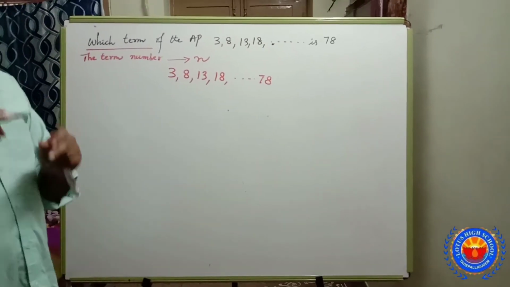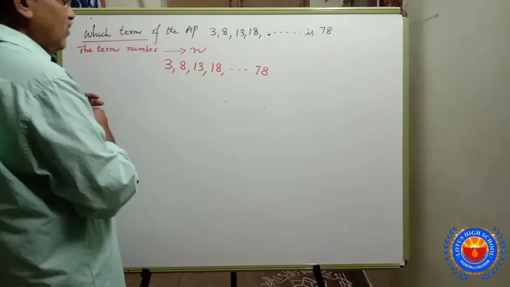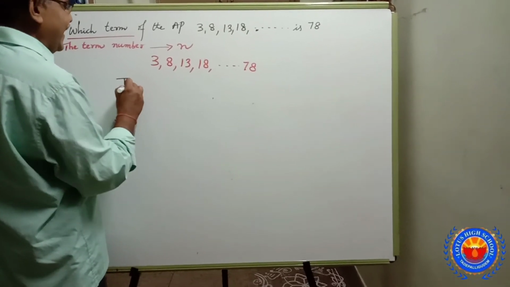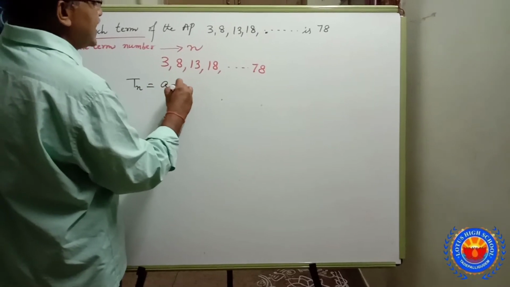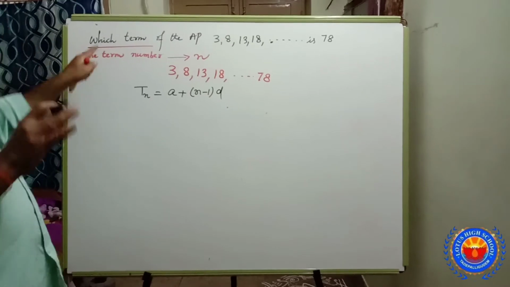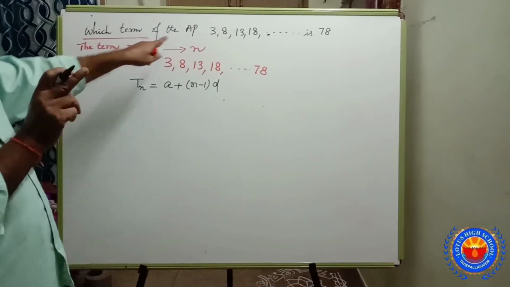The term number. So here we are using Tn is equal to a plus n minus 1 into d. The very important model: which term, in the sense we have to find the term number. The term number is nothing but n.